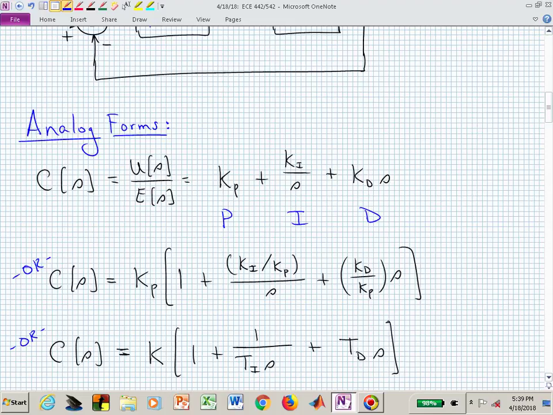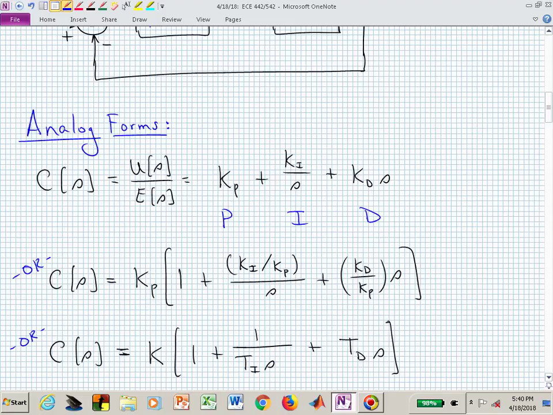You can move those coefficients on the last 2 terms around and consolidate them into T's, and hopefully it's clear that these T's are actually times. What are the units on S? Or what does S represent? It's a frequency, isn't it? Typically it might have units of radians per second.